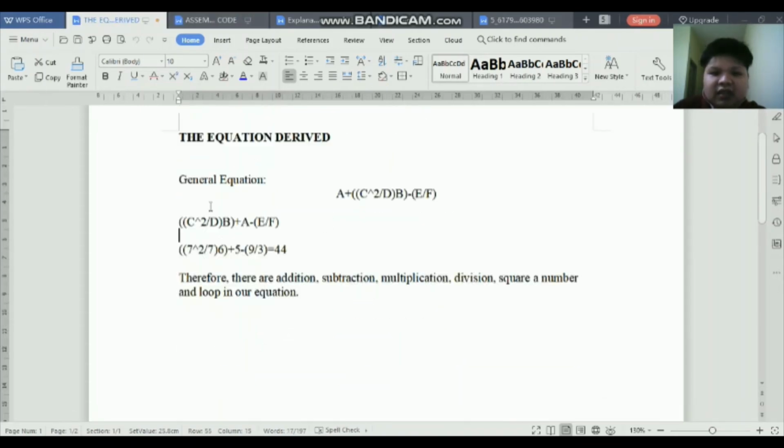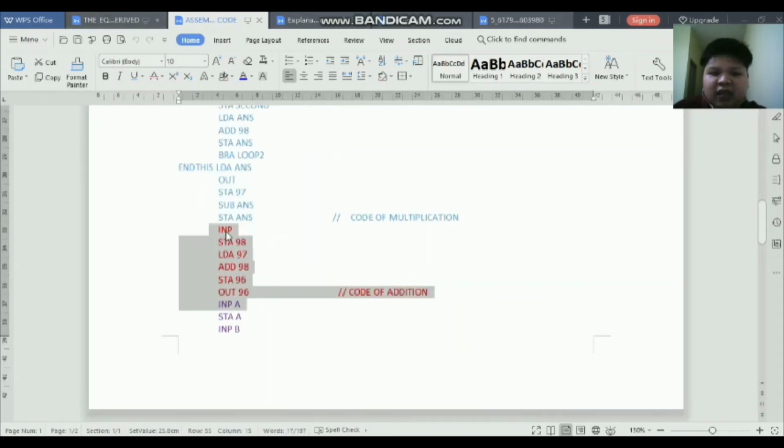Next is plus a. Input a is stored in R98. Log R97, which is our answer of c squared divided by d times b. We log the R97 data plus our input a, which is R98 because we stored the input a in R98. After we get the answer, we store it in R96 and we can see the output.